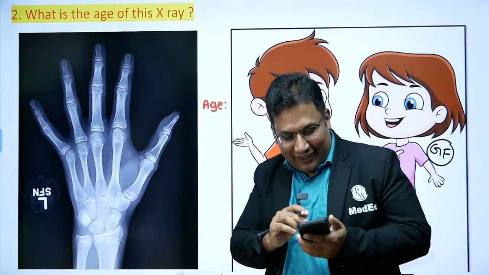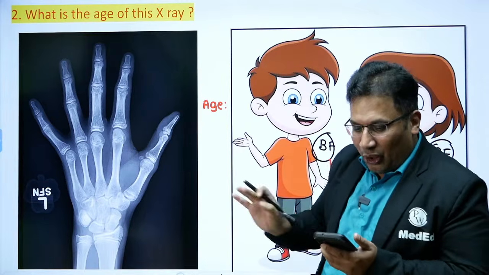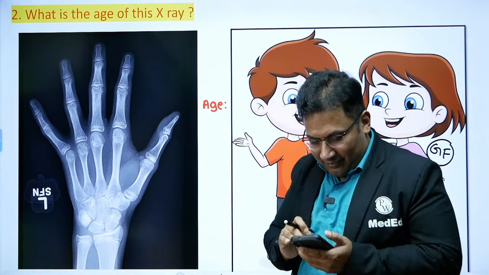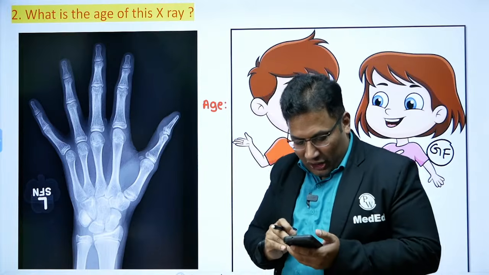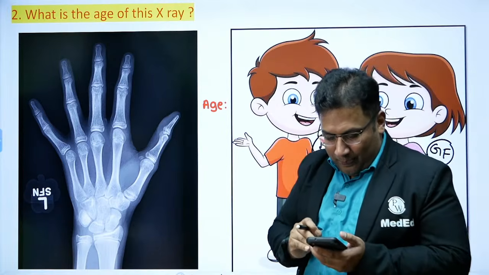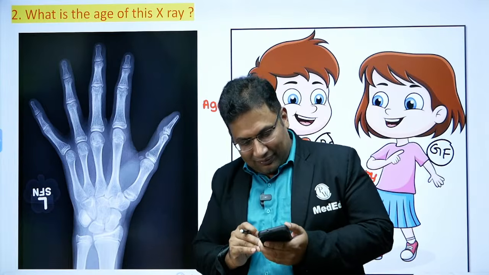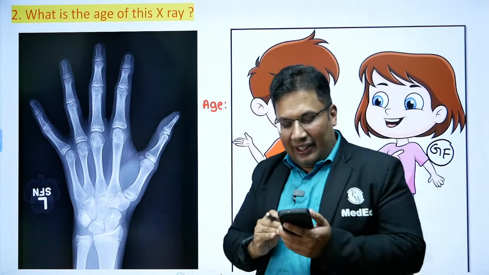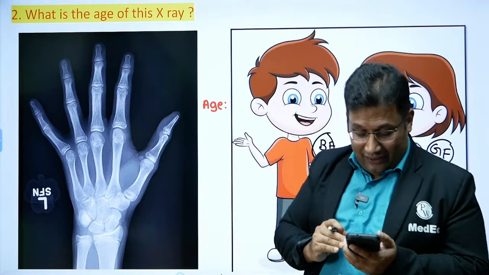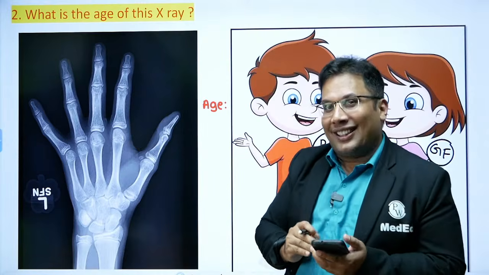Okay, try to answer. X-ray is given to you. Okay, very good, Srinivas. Srinivas is telling, sir, 15 to 16 years, and it is a crime story.